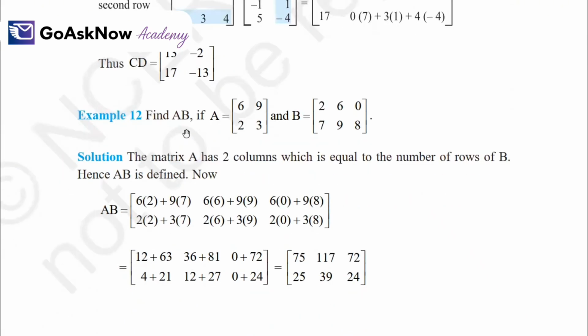Find AB if A is [6, 9; 2, 3] and B is [2, 6, 0; 7, 9, 8]. You can observe here that the number of columns of the first matrix, which is 2, is equal to the number of rows of the second matrix, which is 2.